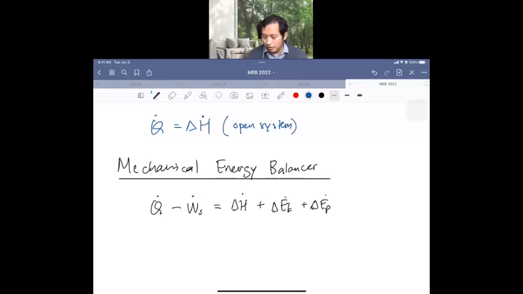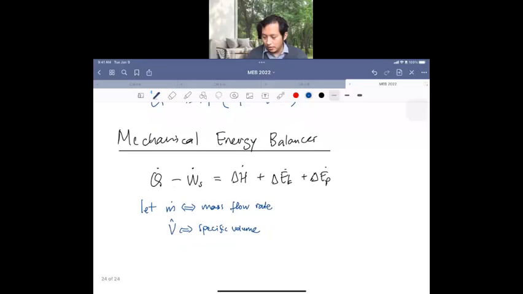Okay, consider we let M be the mass flow rate, and V the specific volume. And we can imagine V can also be represented by 1 over density, right?